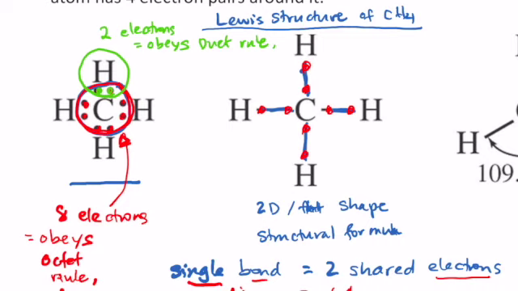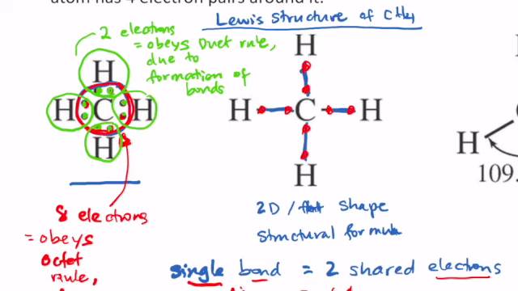And obeying the duet rule is only due to the fact that there were bonds, the formation of bonds to the carbon. Okay, and so every single hydrogen has 2 electrons, and 2 electrons, and 2 electrons. So those are 2 electrons 4 times is what I drew in green.